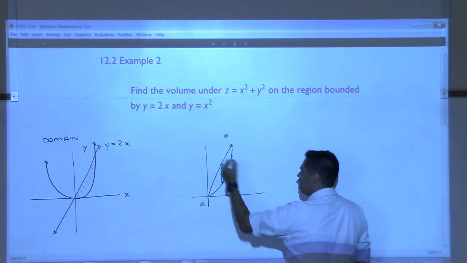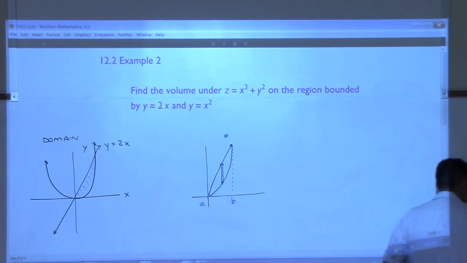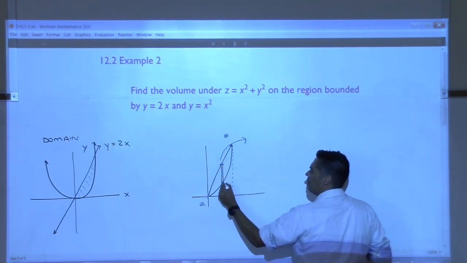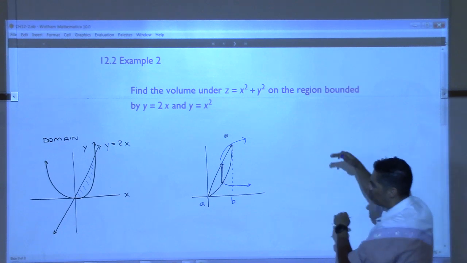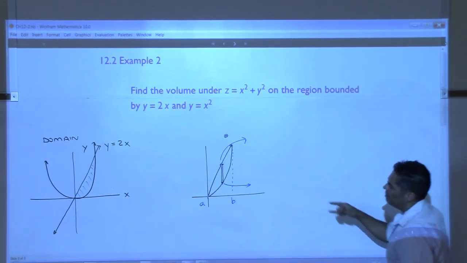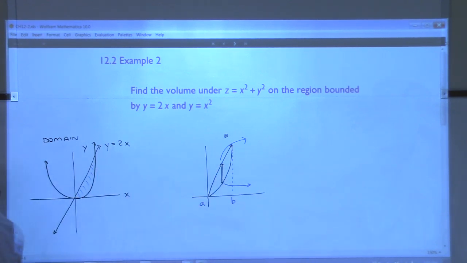But the top will always be dictated by which function? Which function is that one, and then which one is this one? So what is my top bound? Your top bound is going to be 2x. Yeah, the 2x. Now going back to the notes, let me show you that type 1 region.